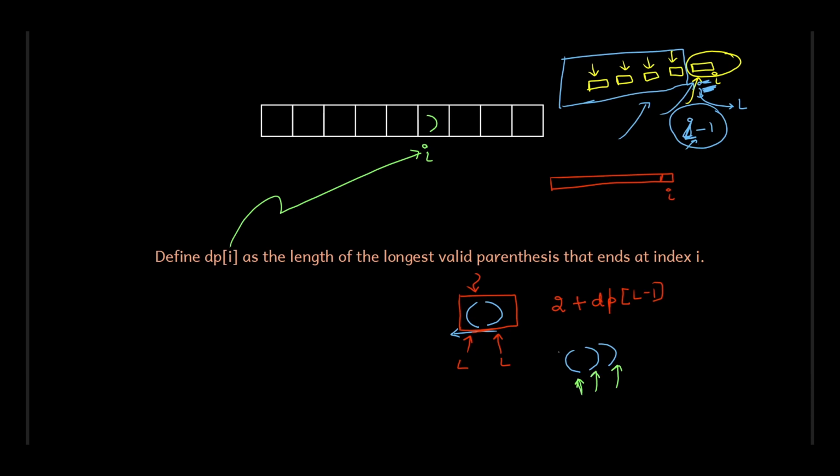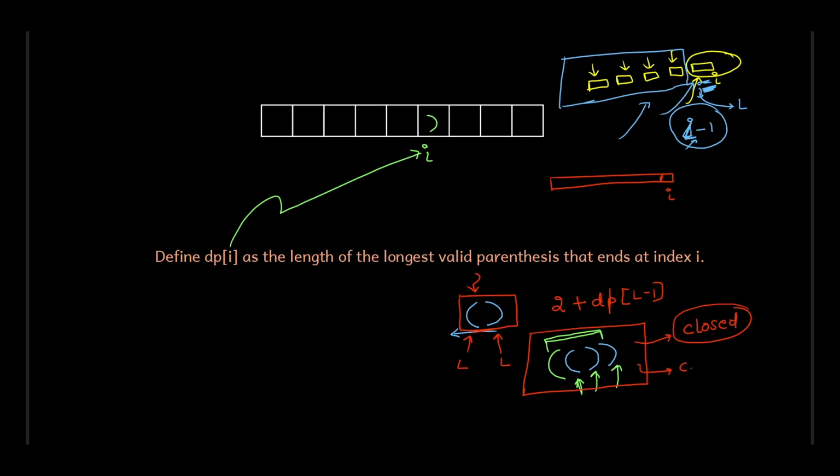So you have to keep on going, and now suppose you find something like this, then this matches with this, and then this entire bracket set that you see is closed. So this is closed.